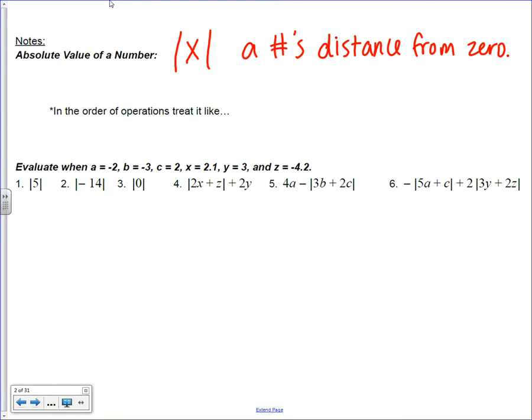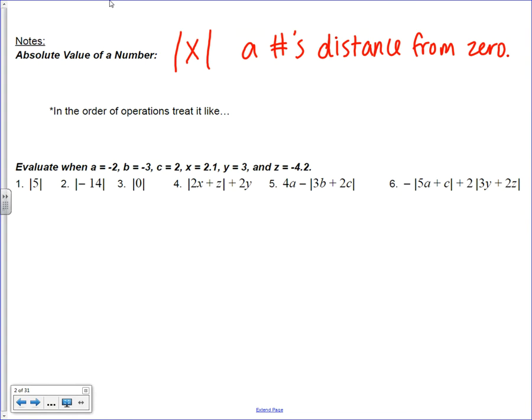How far away is negative 14 from 0? 14. How far away is negative 2 from 0? 2. Folks, distance cannot be negative. You can't have negative miles or negative feet or negative inches, right? So whatever you do inside the absolute value, it will be positive. Fair enough?